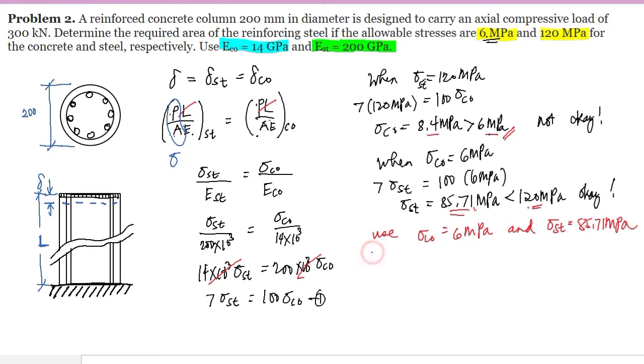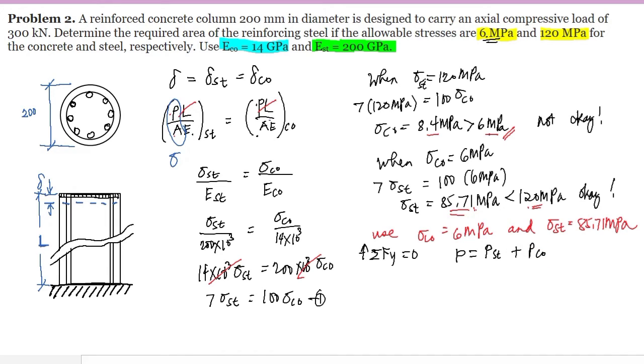So if we sum forces vertical equal to 0, taking the upward direction as positive, then we could say that the load P is equal to the force resisted by the steel plus the force resisted by the concrete.